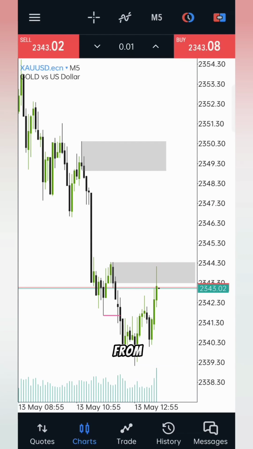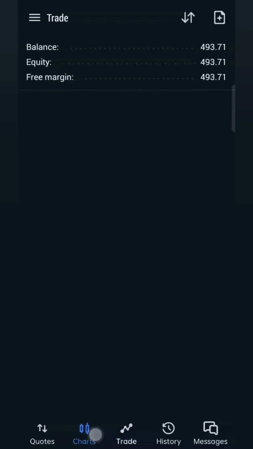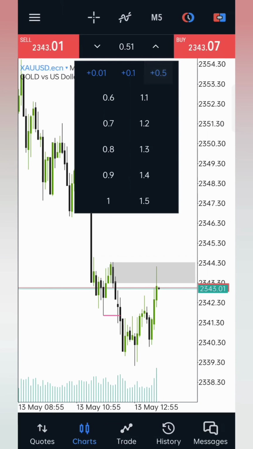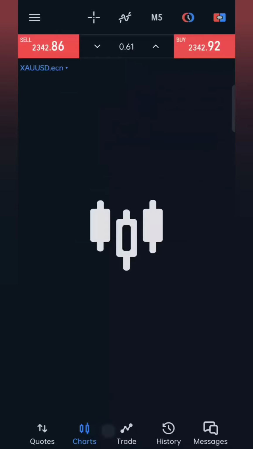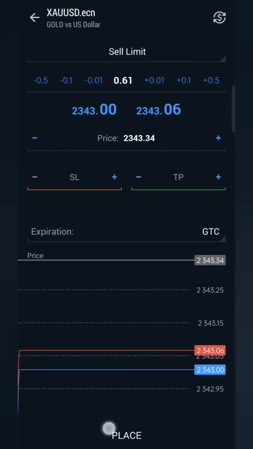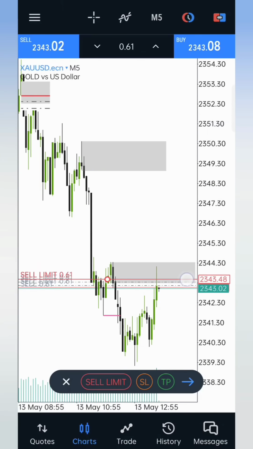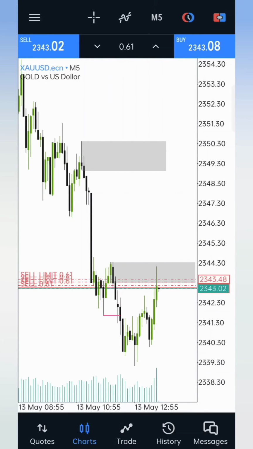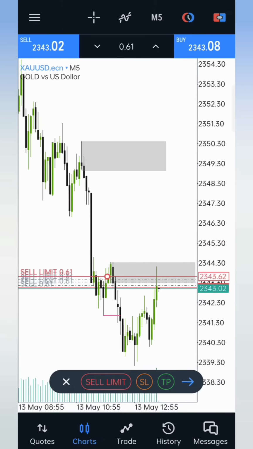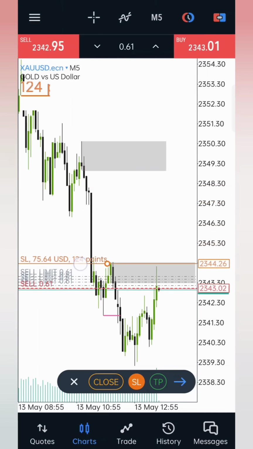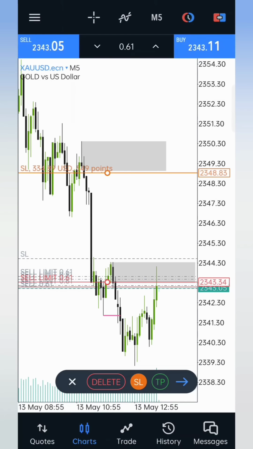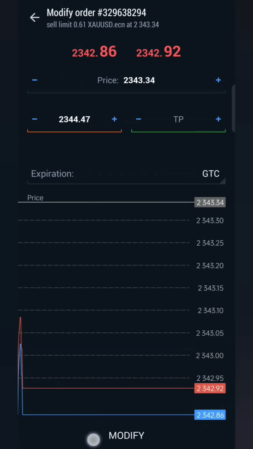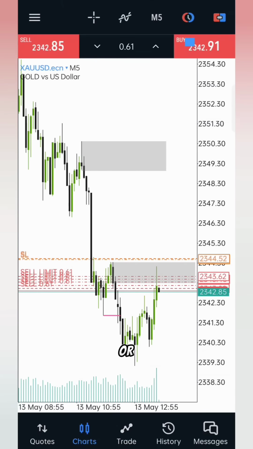So, I took all of my positions from the order block zone. And stop loss is always set above the order block or supply zone.